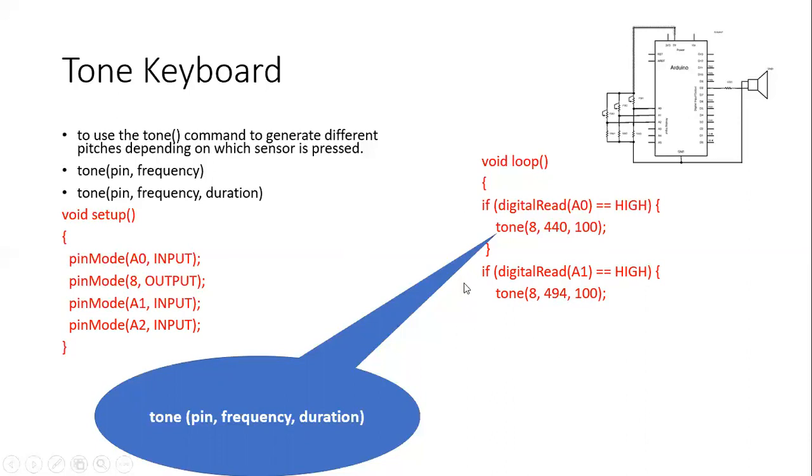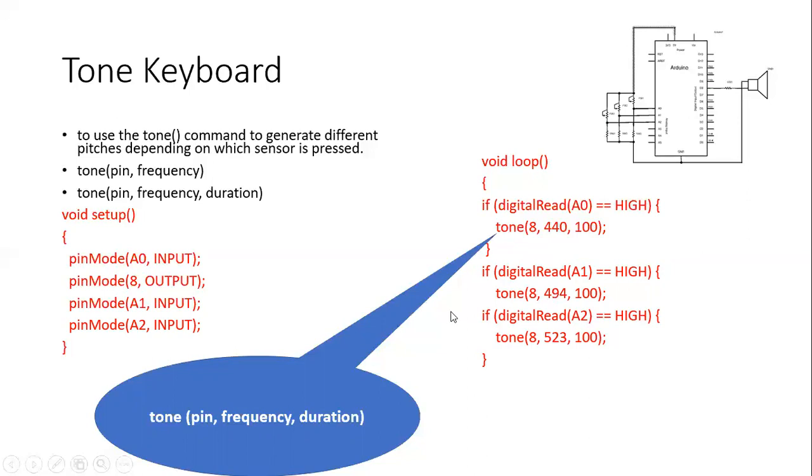Similarly, for the other switch, if we are able to digitally read a high value through pin A2, then we can set the tone command tone 8, 523, 500. Okay, so as we do this, we'll be able to get three different sounds with different frequencies when you press different switches.